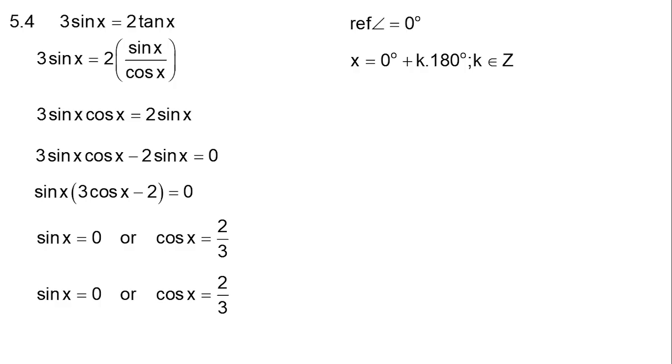Your solution will be x equal to 0 degrees plus. Now whenever you get those quadrant dividers, so that is 0, 90, 180, what you need to think of is your graph. So in this case we are talking about the sine graph.